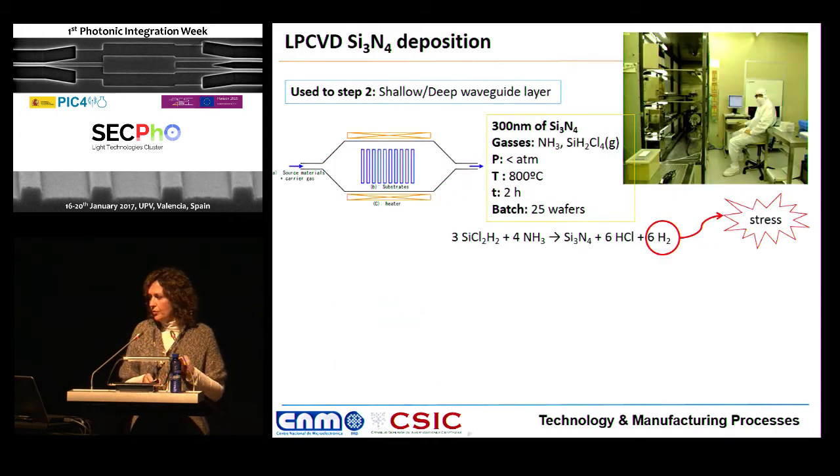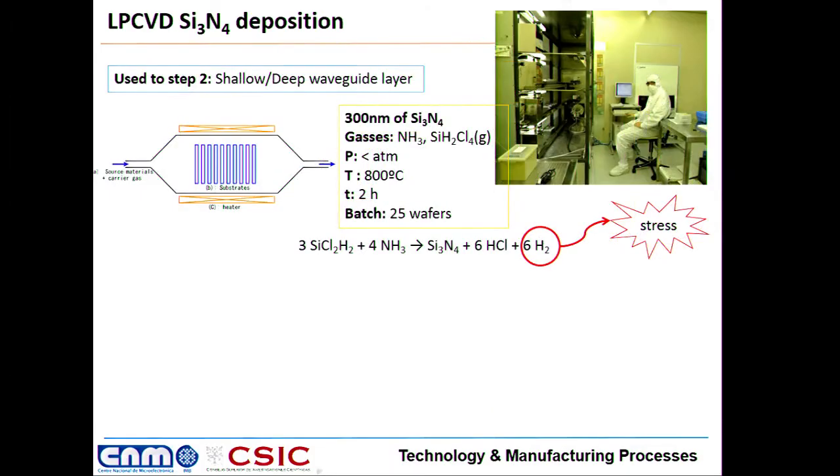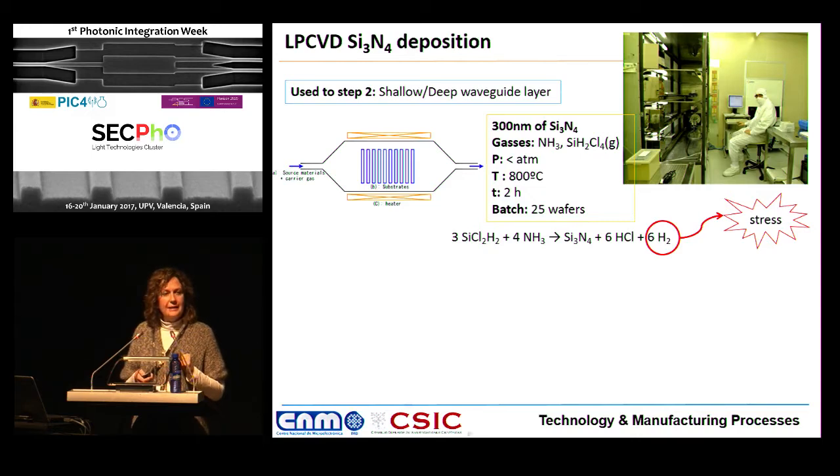Another process to grow a layer is the LPCVD process, which is used to grow the silicon nitride layer, used for the shallow and deep waveguide layers. This process, like its name, is low pressure chemical vapor deposition. So you flow two gases, in this case, into the chamber and submit them to low pressure, and then they react and form the silicon nitride, which is deposited on the surface of the wafer.